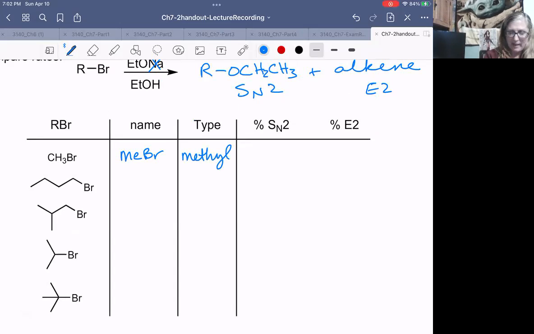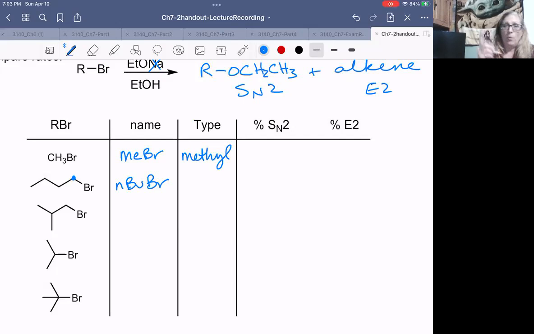Okay, the next one has a 4-carbon chain, 1, 2, 3, 4. They're all in a straight chain, and I've attached the bromine at the end carbon. That's just the normal type of butyl group, so this could be called n-butyl bromide. How would you describe the carbon bearing the leaving group in this case?